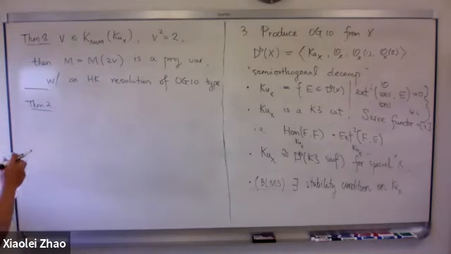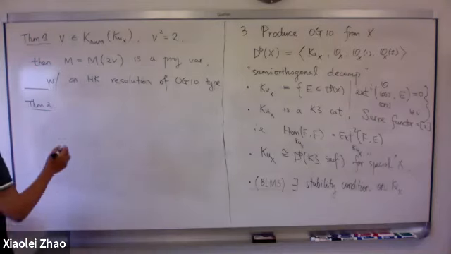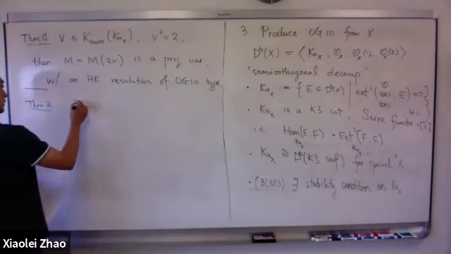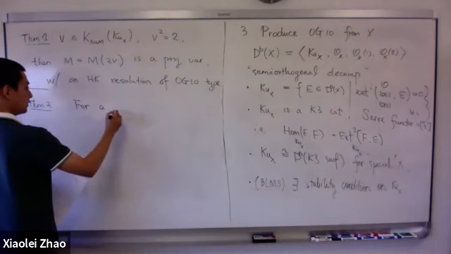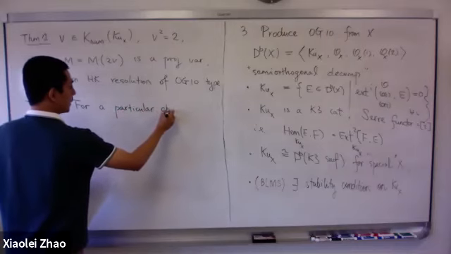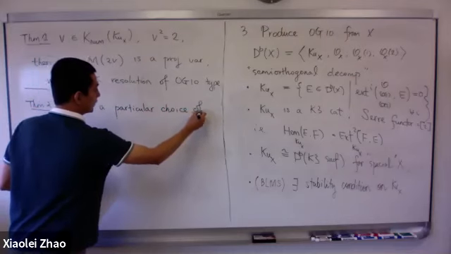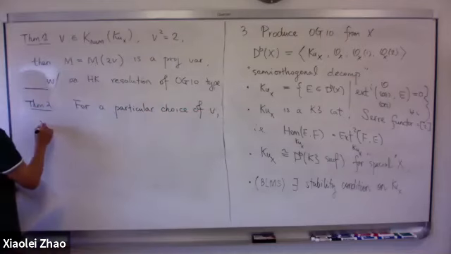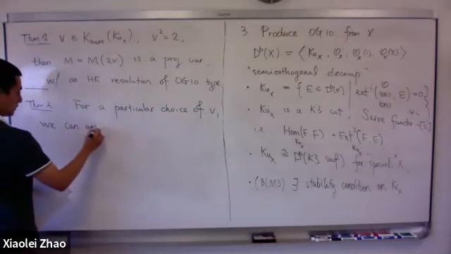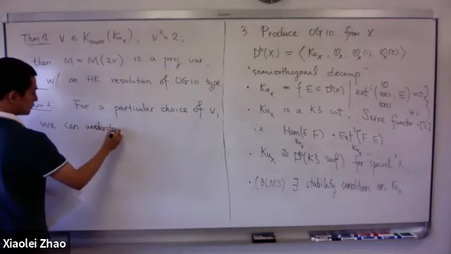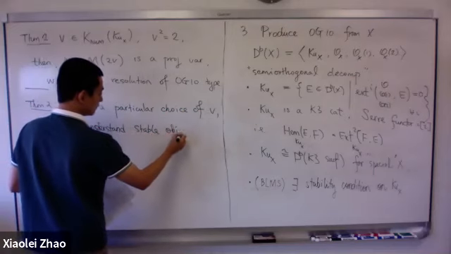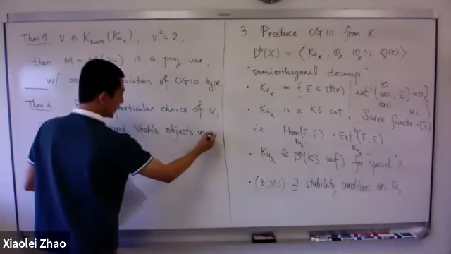So I think I won't really introduce all the notation. So maybe I'll just write this in a very sketchy way. For a particular choice of this v, we can understand the stable objects inside this M_{2v}.